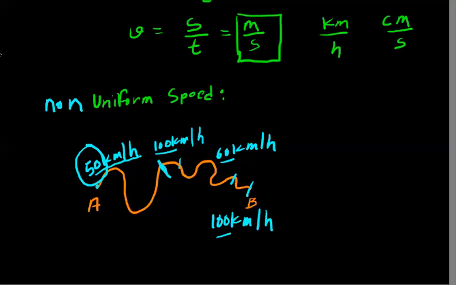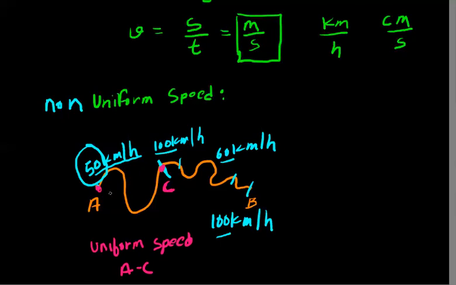So if you consider point A as the starting point and this point C as the ending point, the magnitude of the speed of the car is always same, 50 kilometers per hour from A to C. So the body is traveling with a uniform speed from A to C only, because from C, the speed will keep on changing.